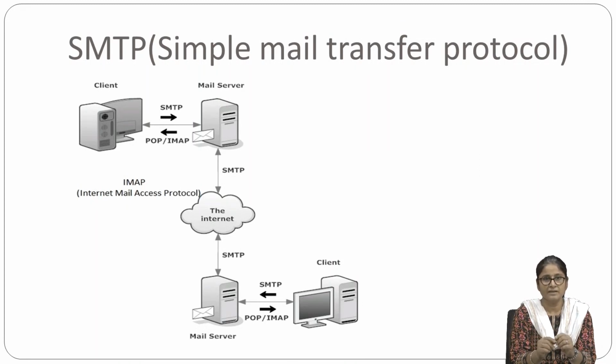In between there is a mail server, and the mail server works on the SMTP protocol, right. So basically the fundamental principle for sending and receiving mail is the SMTP protocol. Without SMTP protocol, we cannot send or receive messages, right.